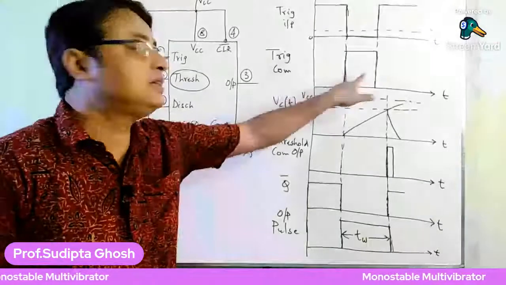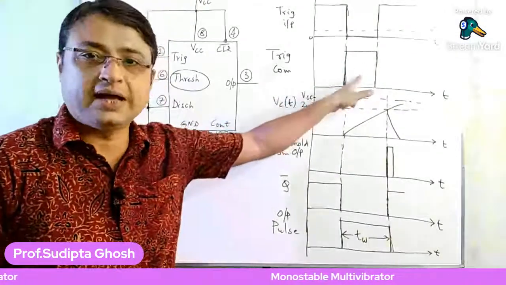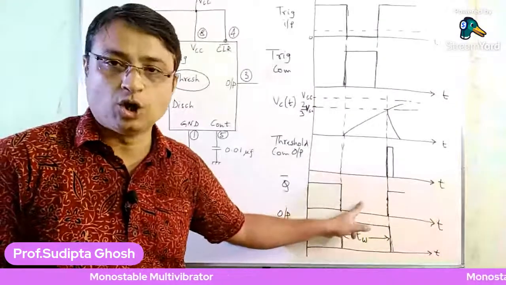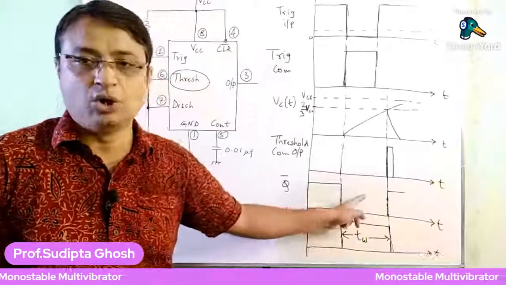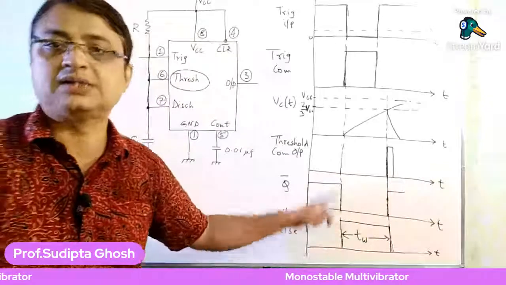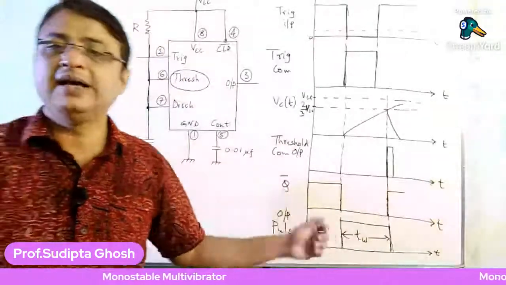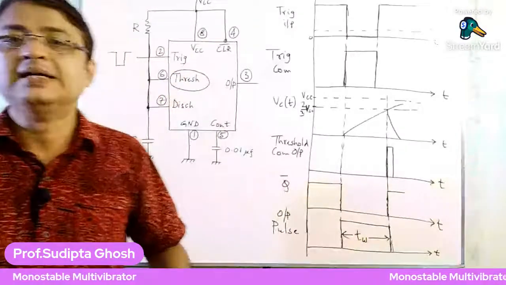So while the trigger comparator output is high, the Q bar output is low. And as the Q bar output is low, it makes the output pulse high. And the pulse width is represented by TW.